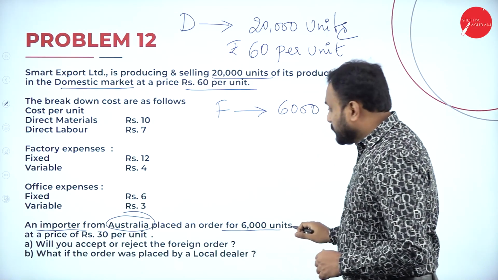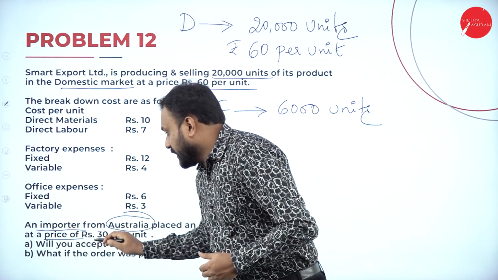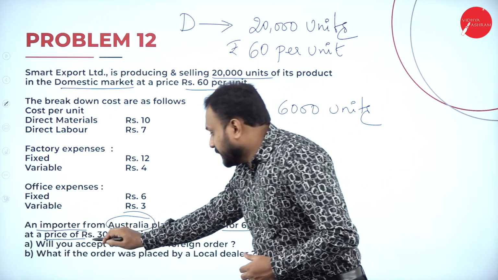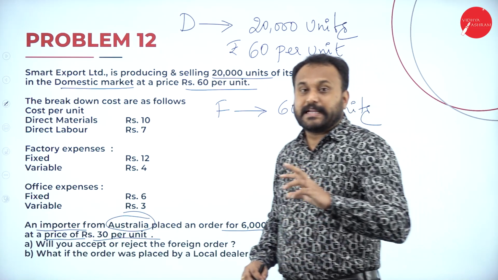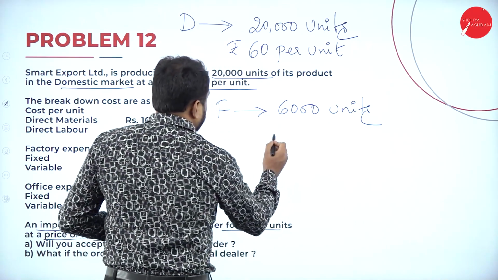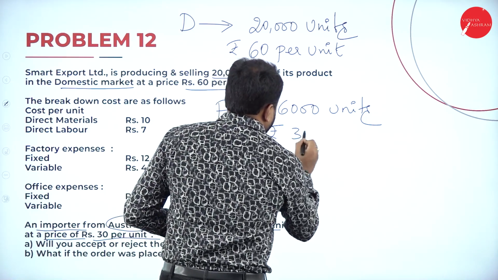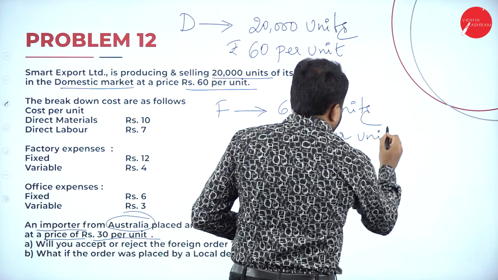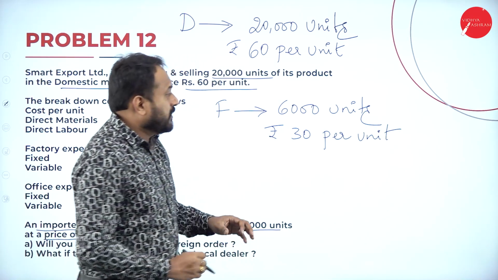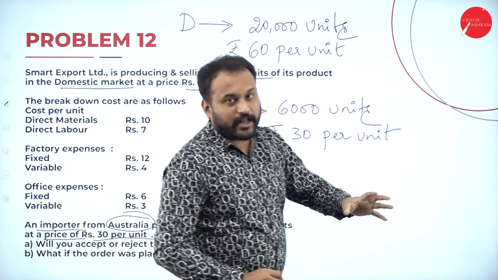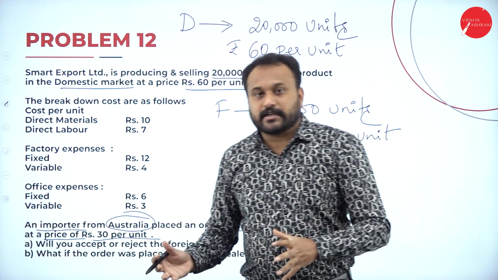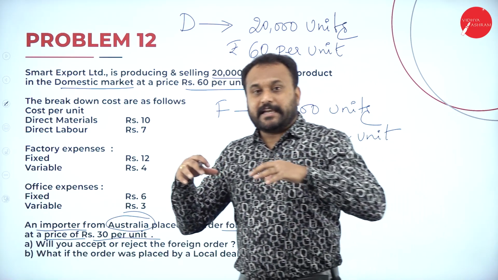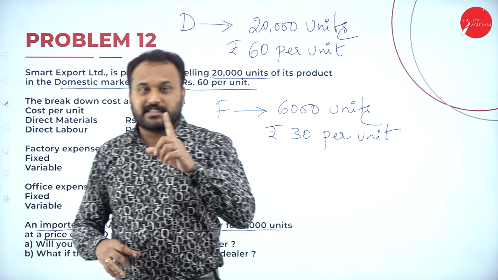Now 6,000 units at a price. They have given a price of rupees 30 per unit. How much is the price? 30. So again here you'll write rupees 30 per unit. Done. See, we don't know what exactly the product is. If I'm selling in India, I'm selling it for 60 rupees.